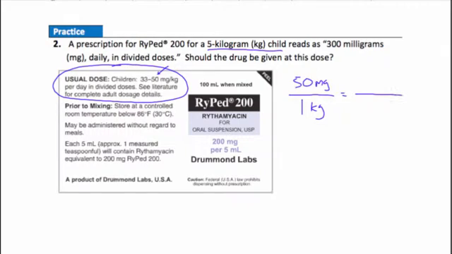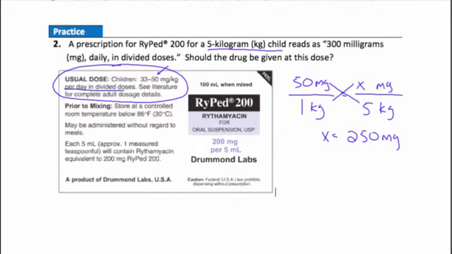So I would say, okay, X milligrams of medication for this 5 kilogram child. I have my proportion set up. This diagonal gives us 1 times X, or X. This diagonal gives us 5 times 50, which is 250 milligrams a day. Notice over here on the label it says the maximum would be 250.